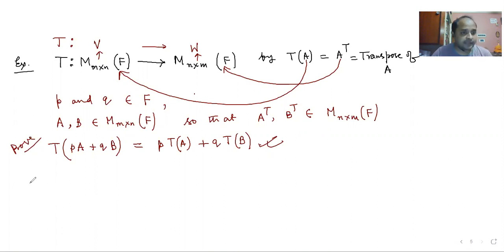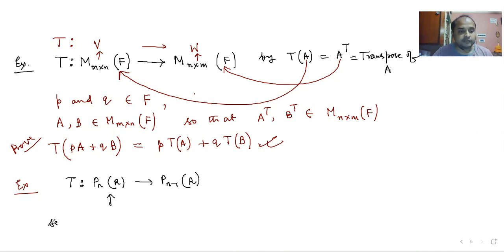Then they have defined another example, another transformation from Pn R to Pn minus 1 R. What is this?